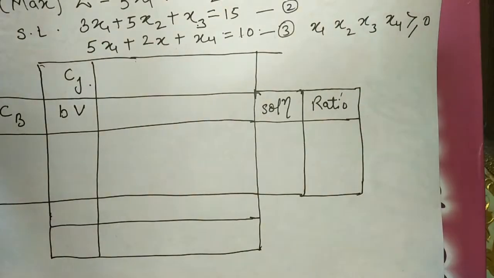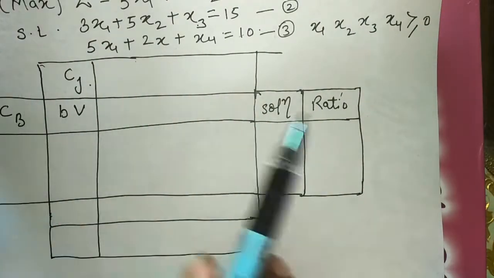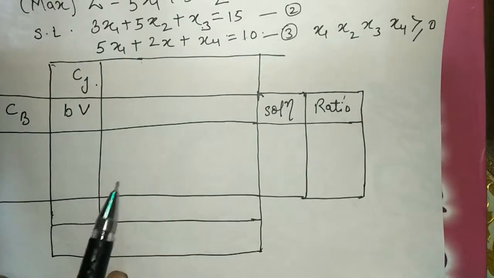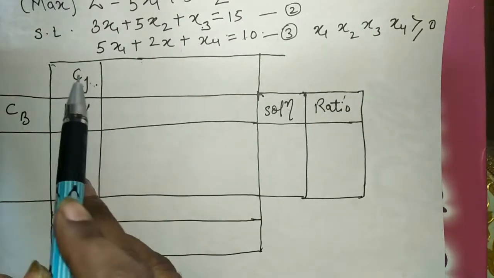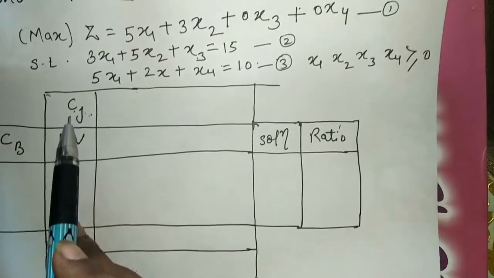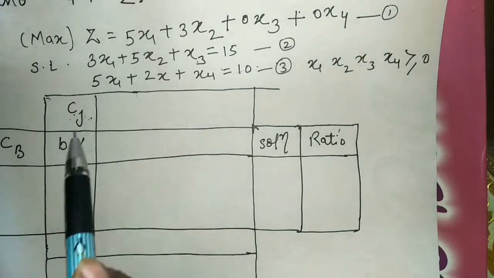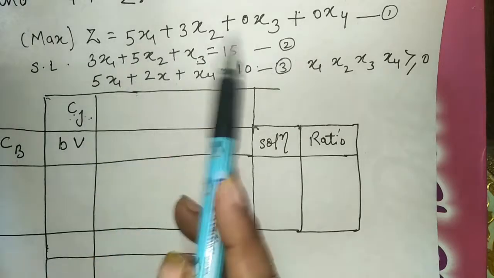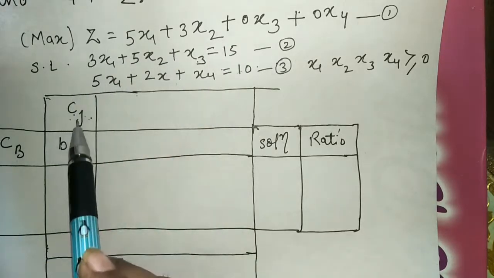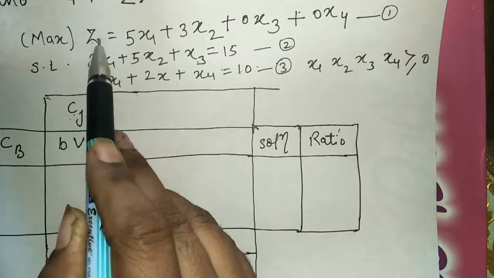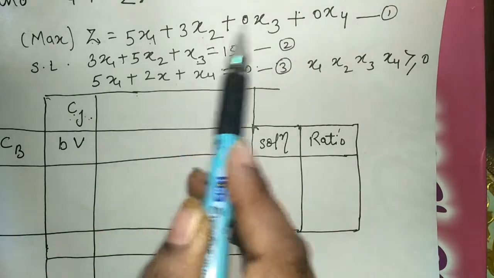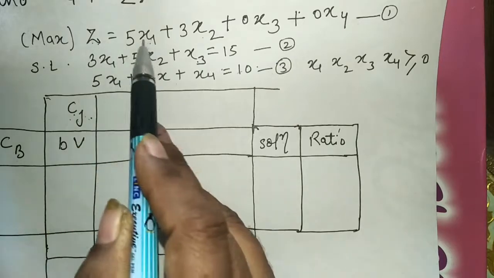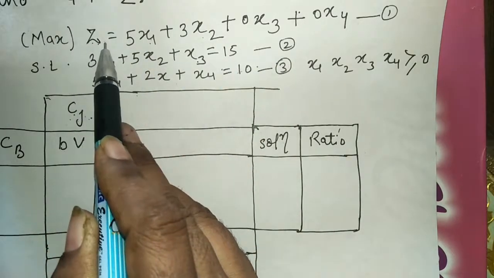Look, this is the standard form of simplex table. Here we write Cj. What is Cj? Cj is the coefficients of variables of z, this objective function. Cj is the coefficients of x1, x2, x3, and x4. x1, x2, x3, and x4 are the variables of objective function.